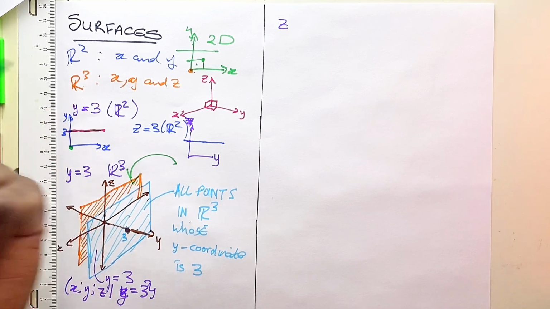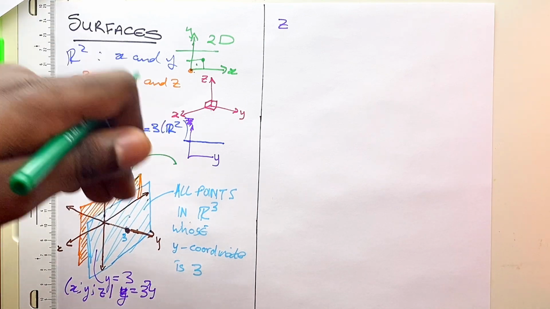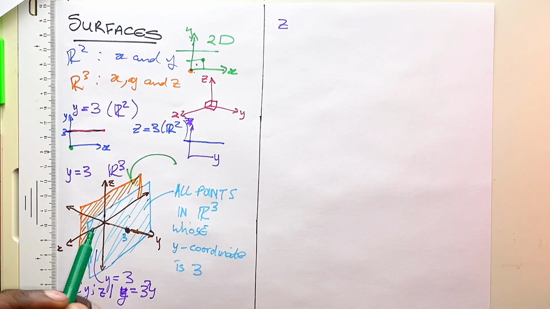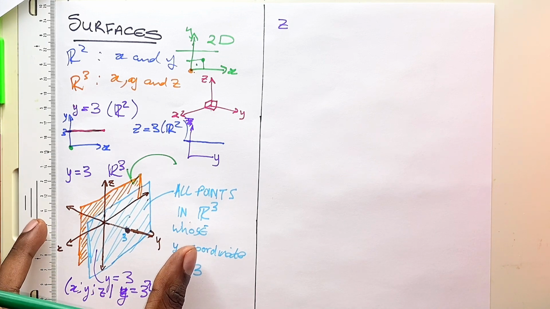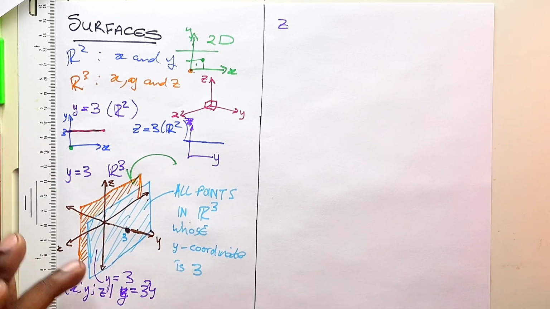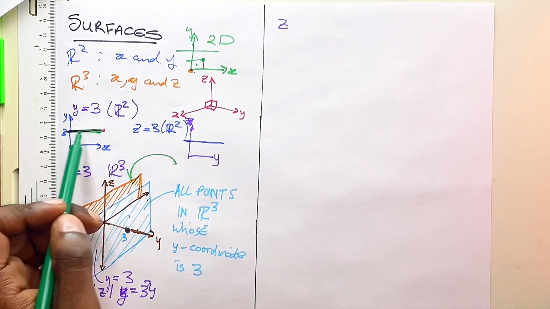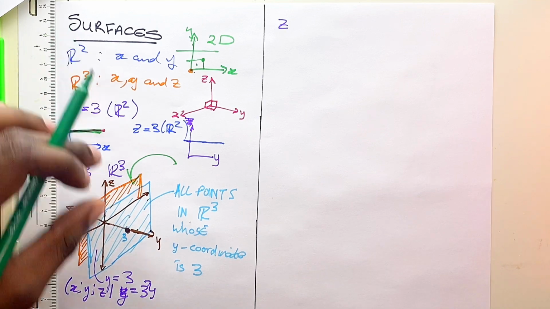Remember, the z-axis comes out and goes into the paper. So if you look at it in one direction, you only see a line, whereas if you actually look at the third dimension, it becomes a surface. So this has always been a surface, just being looked at in one dimension.